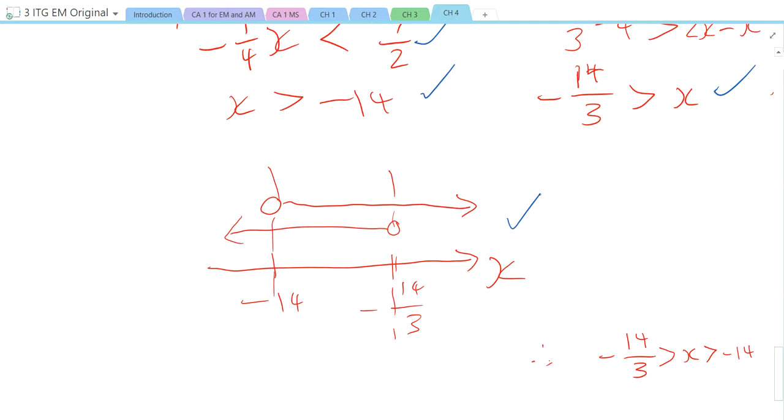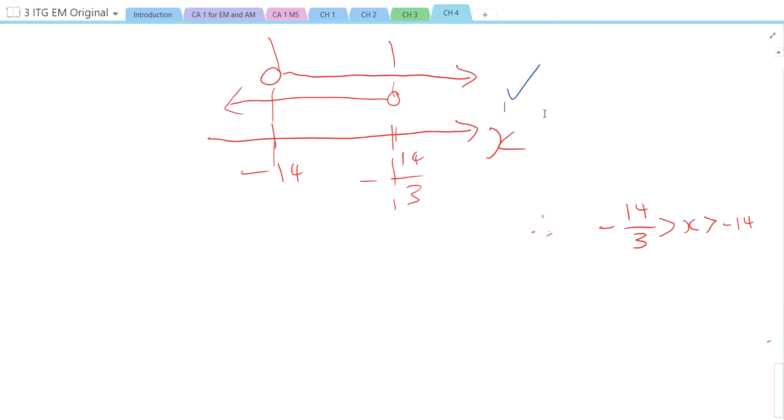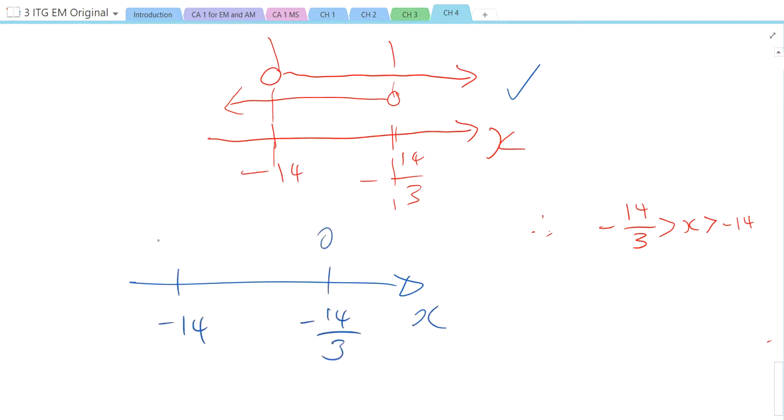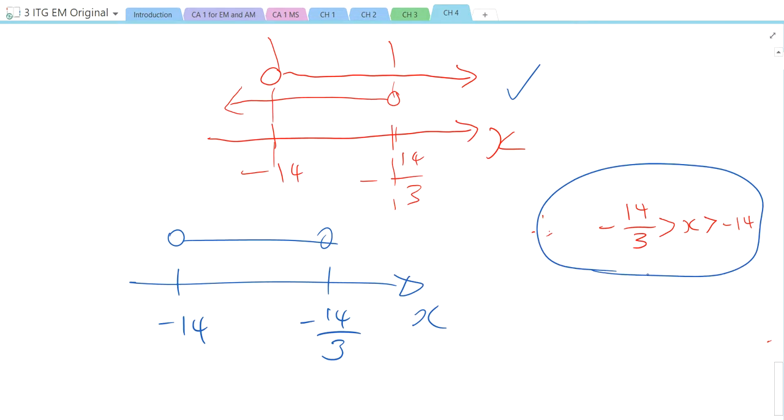Where is the final number line? Question didn't ask for it, but if I want the final number line, do you know how to draw it? Zachary, do you know how to draw it? Yes, okay, it looks like this. X, negative 14 over 3. Right? Okay, final answer. Correct or wrong? Wrong. Why wrong? Zachary, you say wrong, right? Why wrong?